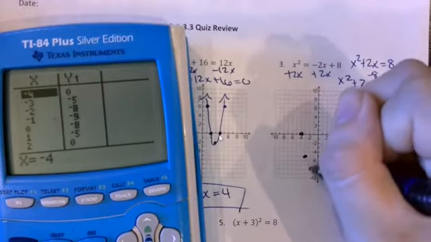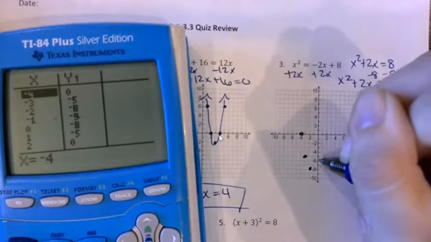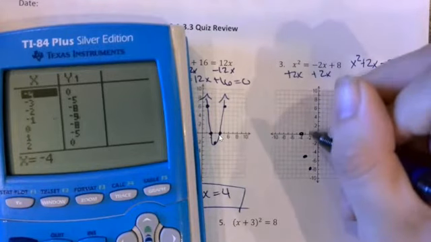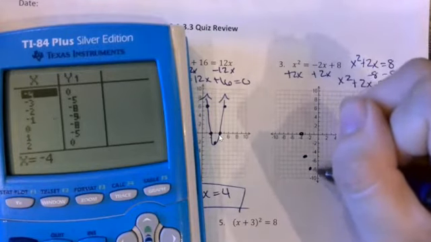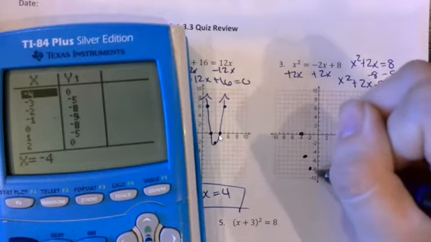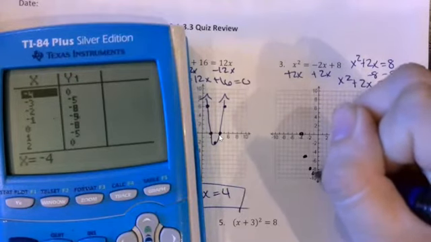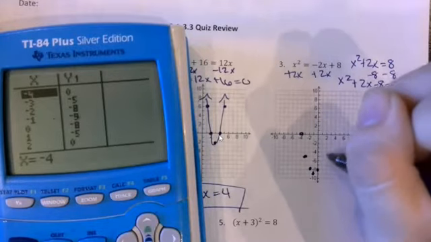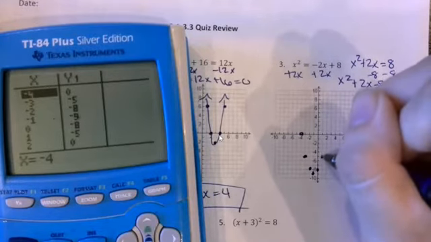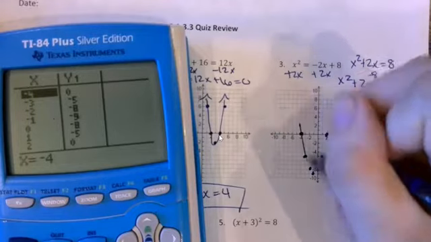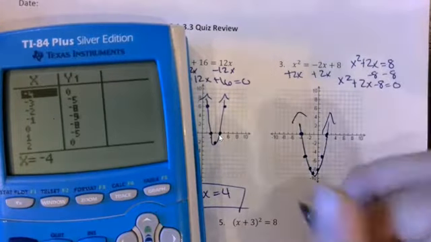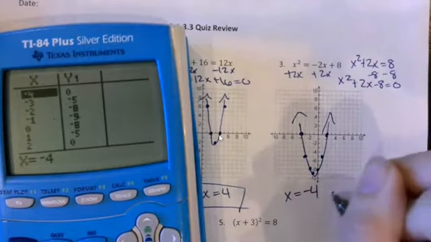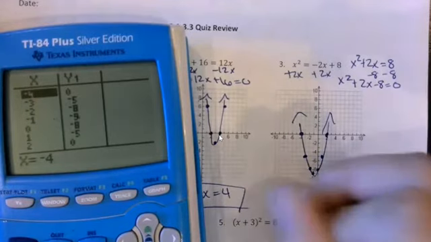Negative 2, negative 8. Negative 1, negative 9. 0, negative 8. 1, negative 5. 2, 0. So this one is crossing at x equals negative 4 and x equals 2.